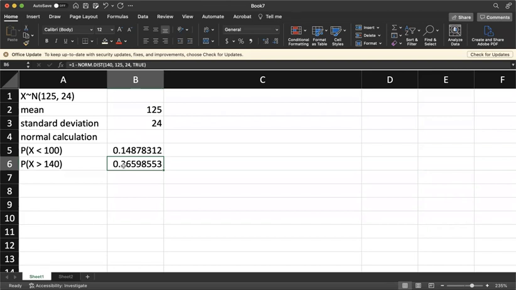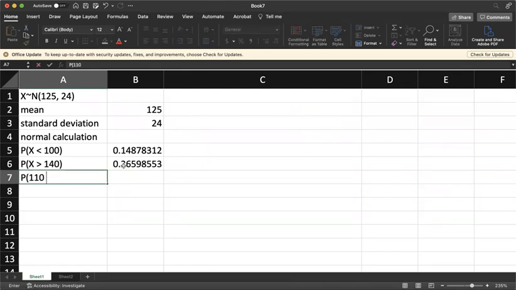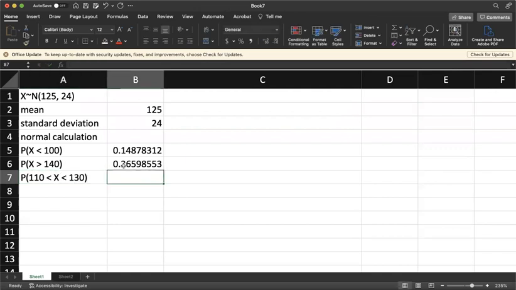Now let's see, what other problems do we have? We had between. Okay, so this is going to be a little more interesting. So here we have the probability of 110 less than X less than 130. Now this becomes a lot more difficult because now we have an interval, and Excel's really not that great with intervals.